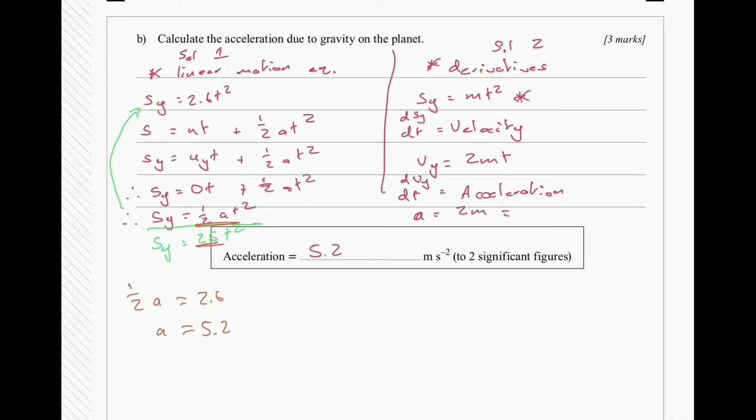What did we say our m was in the original statement? 2.6. So 2 times 2.6, and we also get 5.2. And again, it's meters per second squared because it's acceleration. You can rationalize in this derivative approach why the units are meters per second squared, because you're taking the derivative with respect to time for the second time.